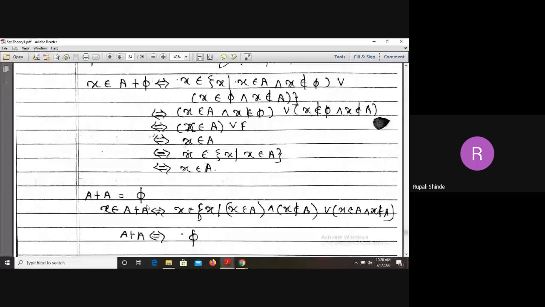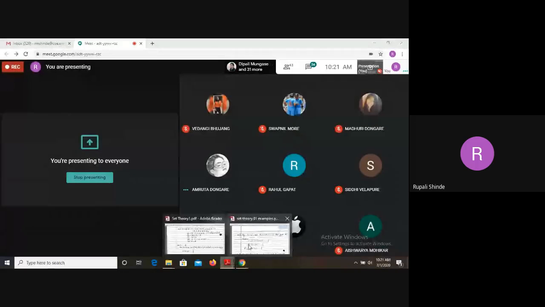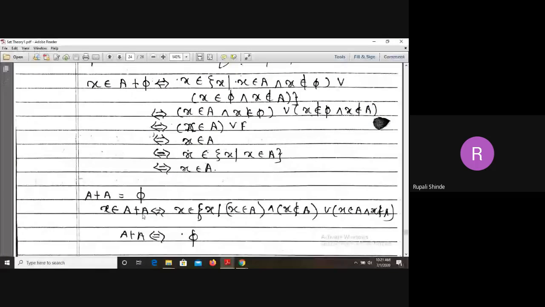Again, likewise, we have to prove A plus A is equal to phi. So for this, we have to consider any element X as X belongs to A plus A. Here we have to apply the definition for A plus A. A plus A is equivalent to A minus A union A minus A. Its meaning is the same as A minus A only, because we have seen A union A gives you the answer as A only.